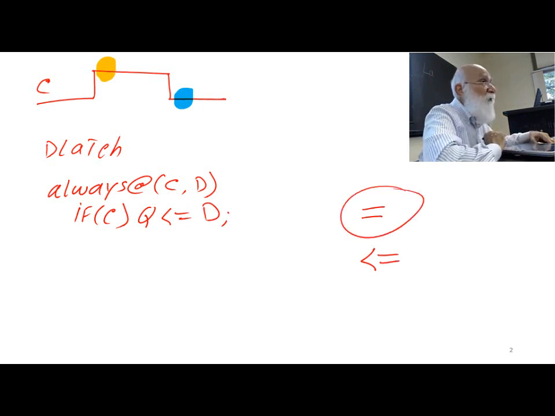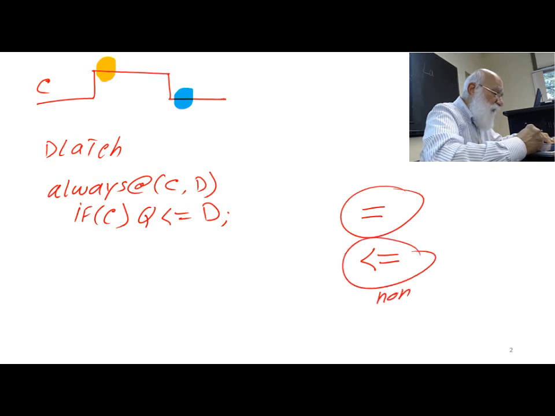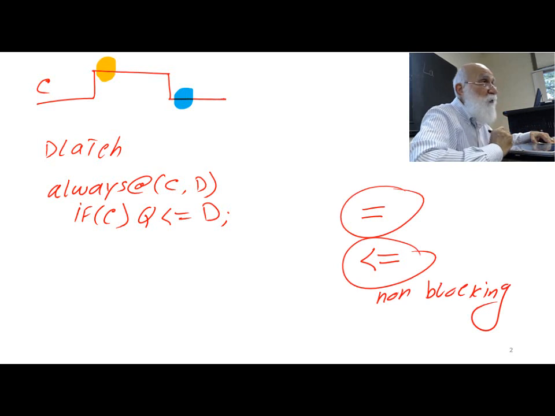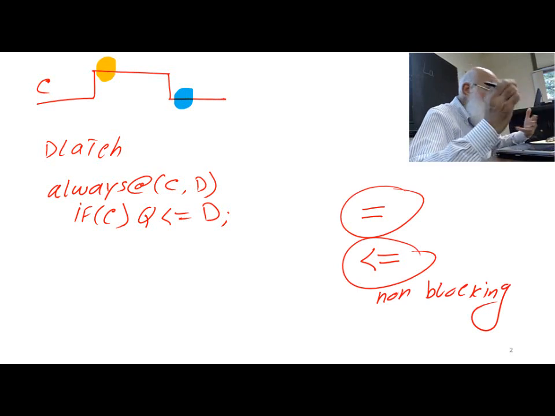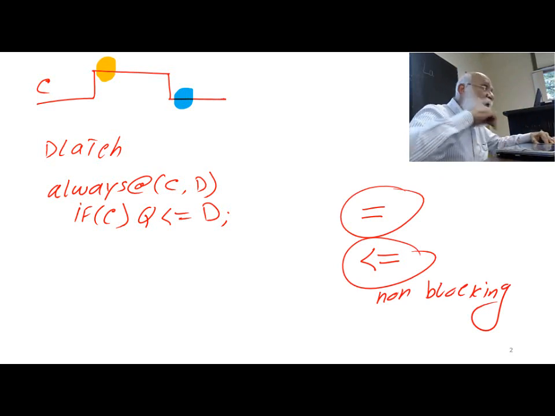This is called a blocking assignment. This is called a non-blocking assignment. Okay, I'm not going to explain why we use non-blocking for sequential circuits, but as a style of description, use what I'm telling you, which is the non-blocking for the sequential circuit.